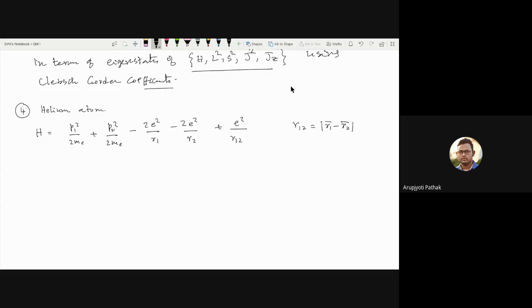So you can see this is an electron-electron interaction. Now let us look at this particular term as H0 and this one as a perturbation. That is the idea.